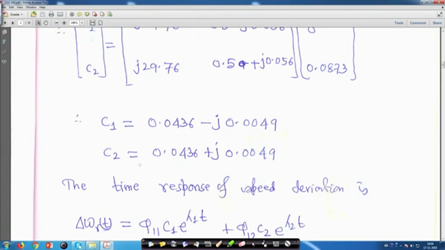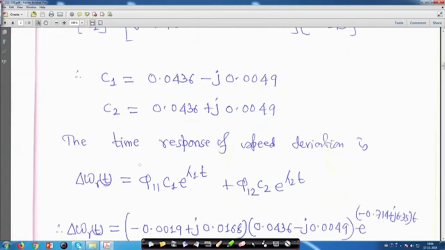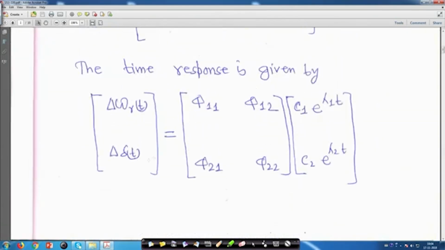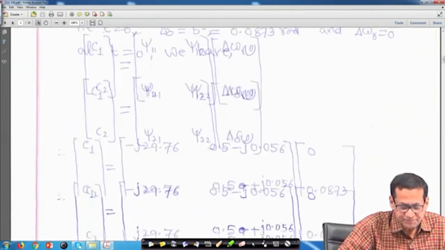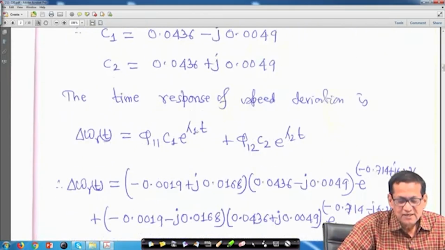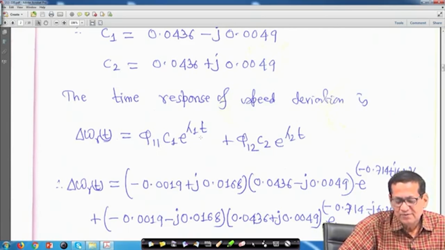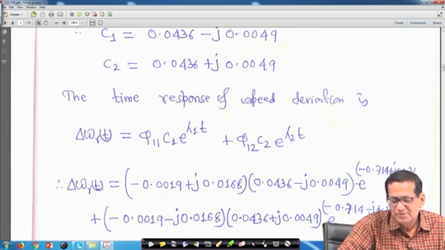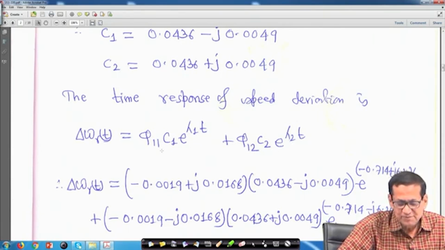Therefore, the time response of speed deviation is given by this equation: delta omega r t is phi 1 1 C 1 e to the power lambda 1 t plus phi 1 2 C 2 e to the power lambda 2 t. You substitute the values of phi 1 1, C 1 and lambda 1.